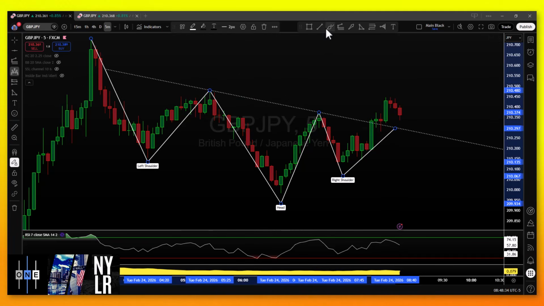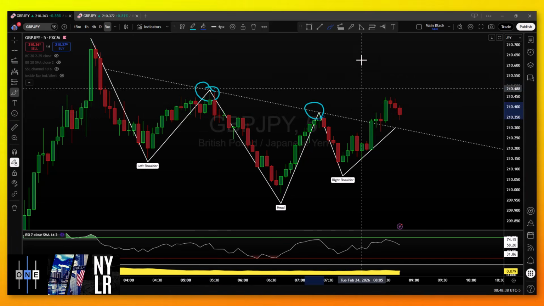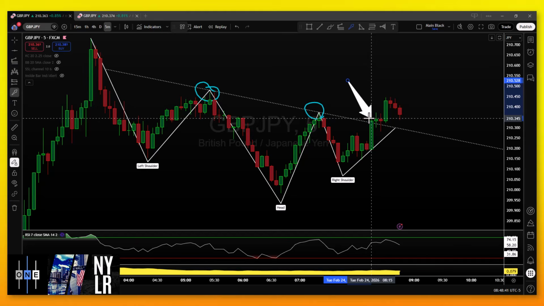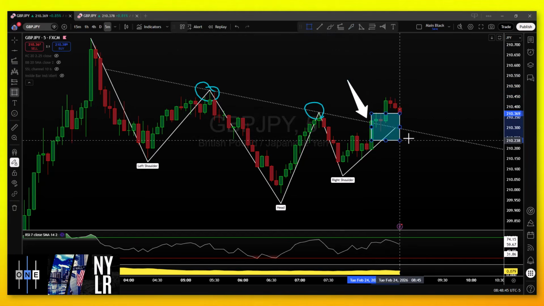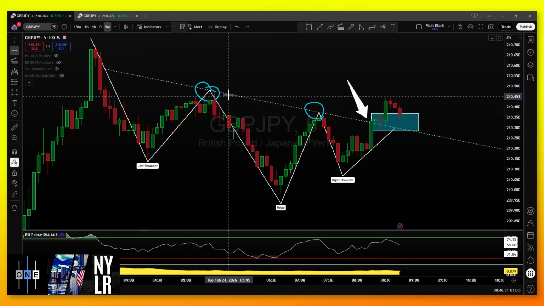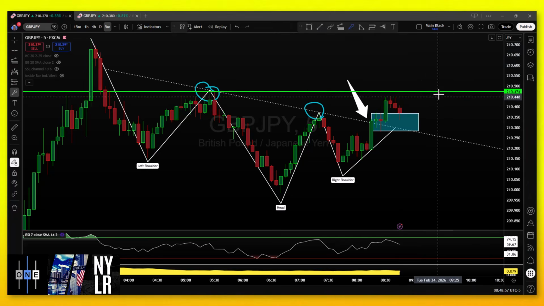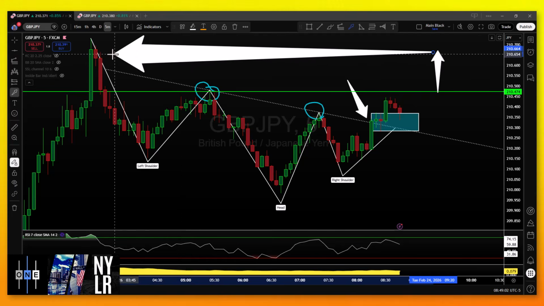One, you can trade the violation of our neckline, which occurred right here. So if this is the case, you'd be looking for the exact same thing as the flag pattern. What a coincidence, right? Or if you're trading a horizontal neckline, then you need a violation of this level right here, with the anticipation that price is going to either continue to retest the highs here or extend higher.